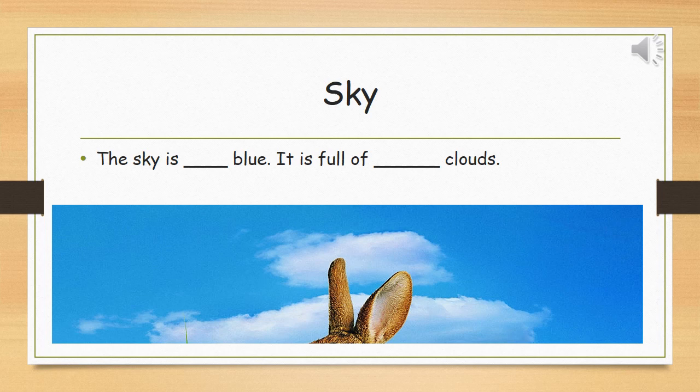And for your next sentence, it is full of blank clouds. Is it full of big clouds, bright clouds, white clouds, long clouds, fluffy clouds? Anything at all. Have a look at those clouds and tell me how you would describe them. Now, some of you might even be able to put similes in here. So, I need you to write these two sentences down and fill in the missing blanks. And I'd like you to write them straight after the other two sentences that you've got already.